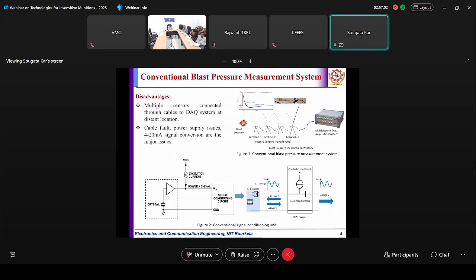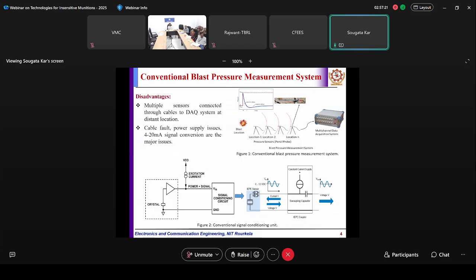It can be 100 meters or it can be 200 meters also. Now, these piezo sensors generate charge, and that charge can be converted to equivalent voltage by means of a signal conditioning module. Mostly the charge amplifier is used.